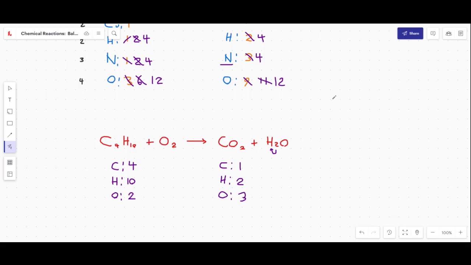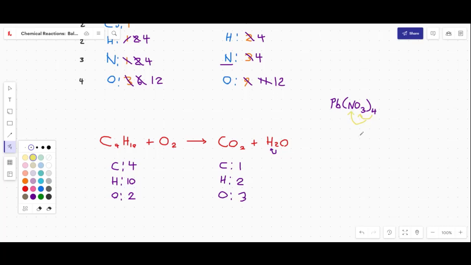If, however, you had something like Pb(NO3)4, that 4 would actually multiply what's inside the parentheses. It would multiply the 3 oxygens, so that would give you a total of 12, and it would multiply the 1 nitrogen, giving you a total of 4 nitrogens.